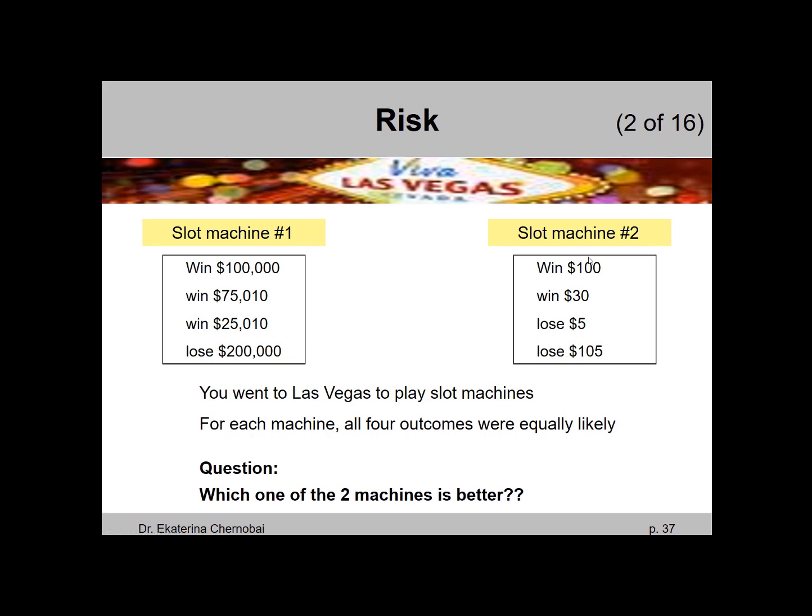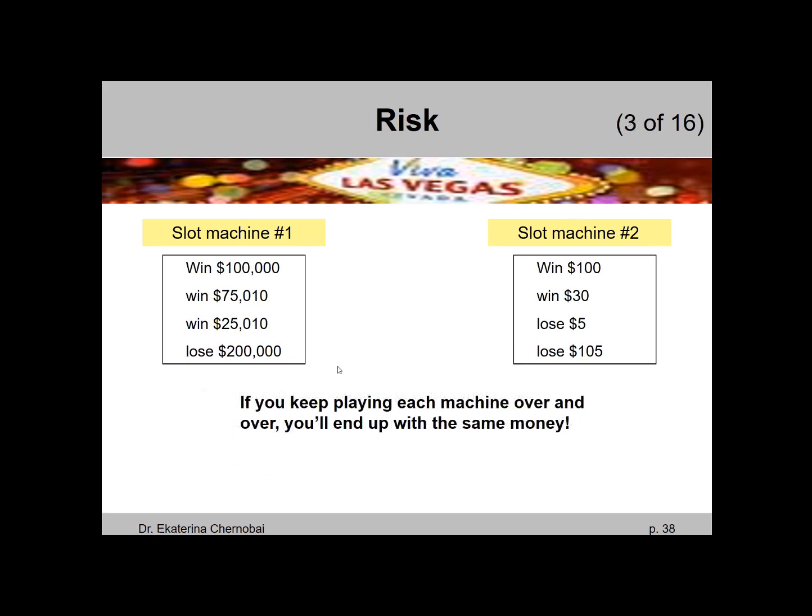So these are the 4 possible outcomes for the two machines, and they are randomly repeating, so we can say they are equally likely, right? So let's say you've been playing these two machines, first one, then the other. Which one has shown the more risk? Which one has been riskier? Which one has been safer?